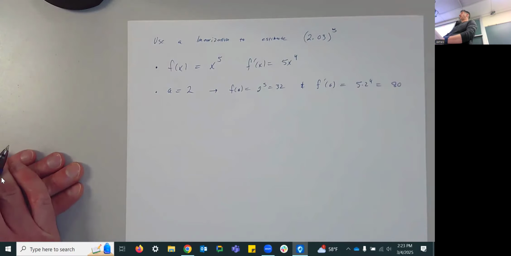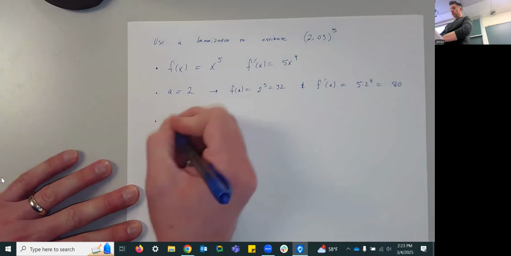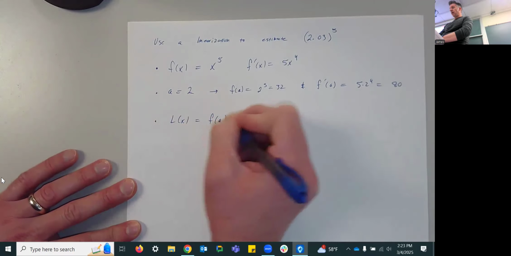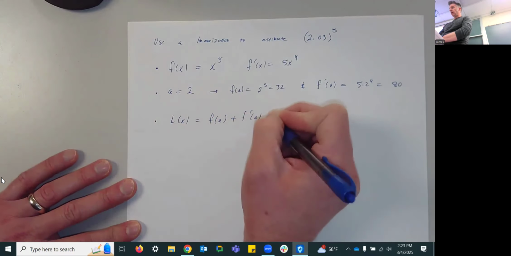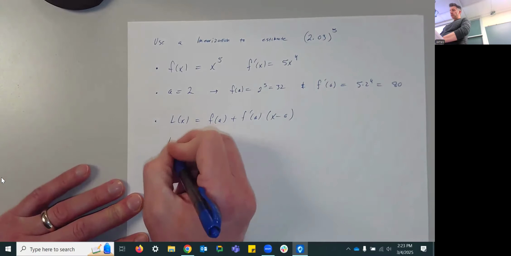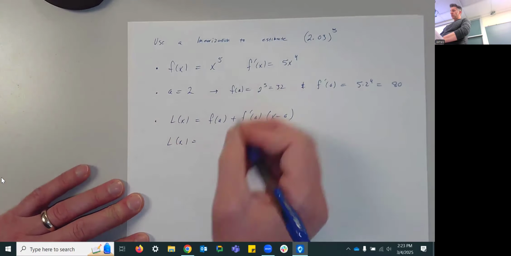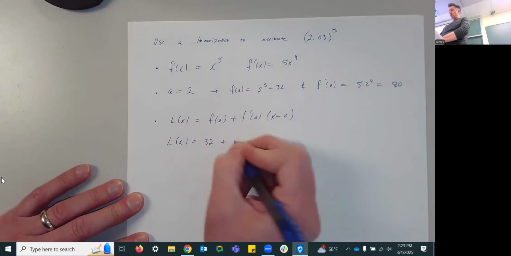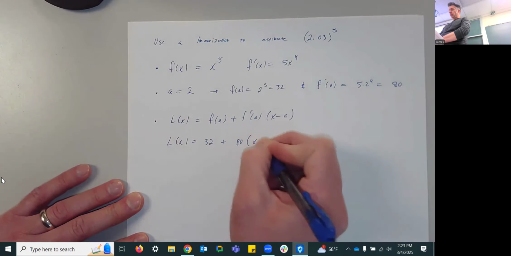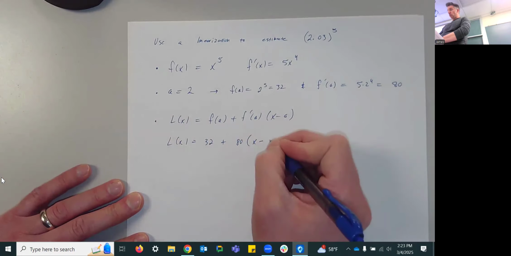Okay, write the linearization. I think it's good to write the formula the first few times: f of a plus f prime of a times x minus a. So in this case, our linearization is going to equal 32 plus 80 times x minus 2.